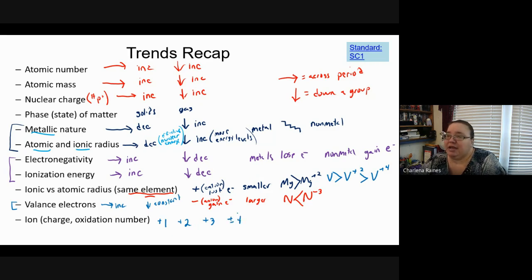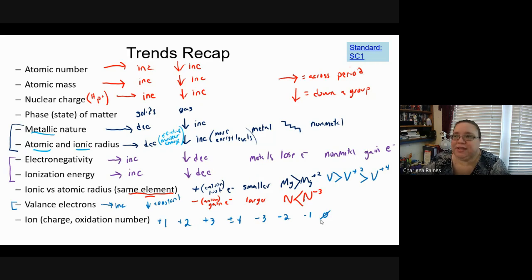We're halfway there. It could be either or, positive or negative 4. My metals are positive. My non-metals are negative. Now we start to count down. Negative 3 for group 15, negative 2 for group 16, negative 1 for group 17, and 0 for group 18.